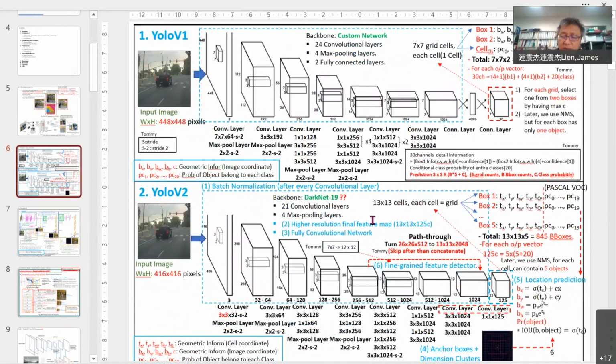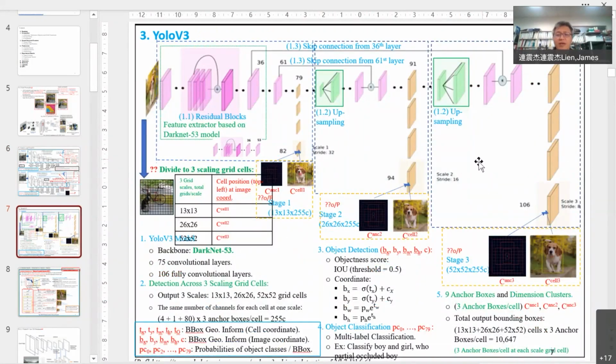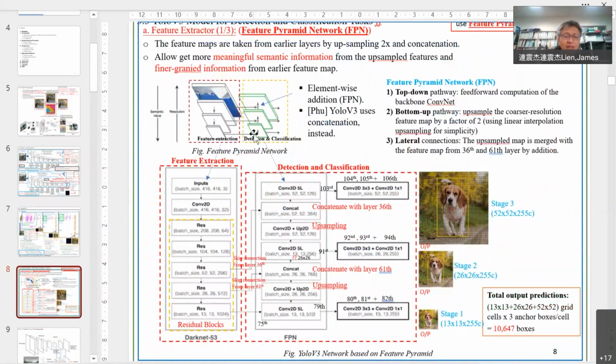They keep improving this one, but they have an upsampling here. But they have 3 upsamplings. 1, 2, 3. Okay, so this is for YOLO V3. So we see the other one. This is the same YOLO V3, but I want this one to go up. What happened?